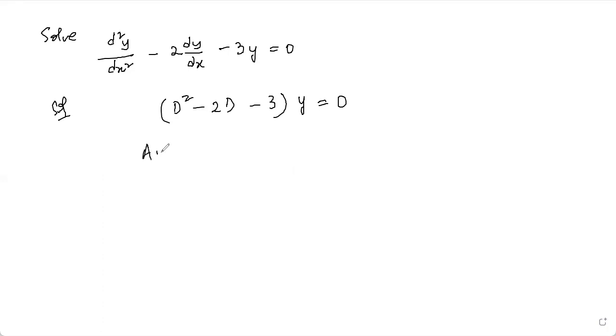Now the auxiliary equation corresponding to that will be m square minus 2m minus 3 is equal to 0. We will find the roots now. Now that we got (m plus 1) and (m minus 3) equal to 0.